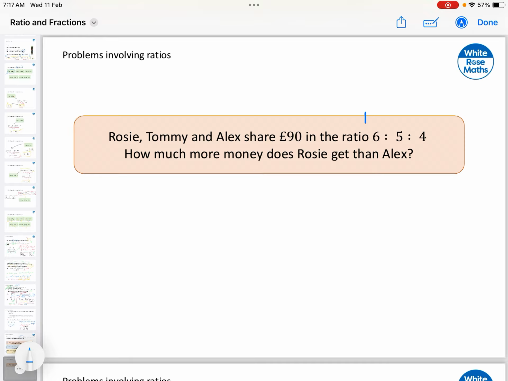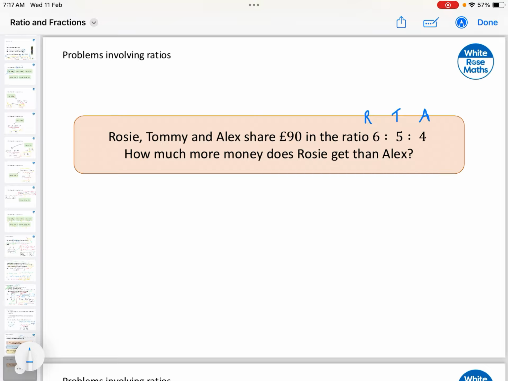So 6 parts for Rosie, Tommy has 5 parts, and then Alex has 4 parts. So what we're saying here is that the total amount of money is 90, but we have to make the distribution in the following way. Rosie gets 6 parts, Tommy gets 5 parts, and then Alex gets 4 parts.